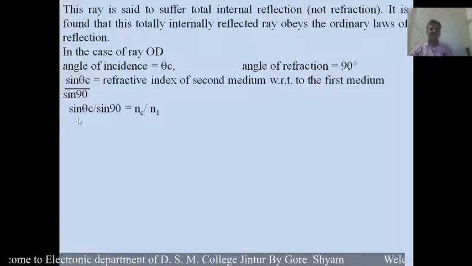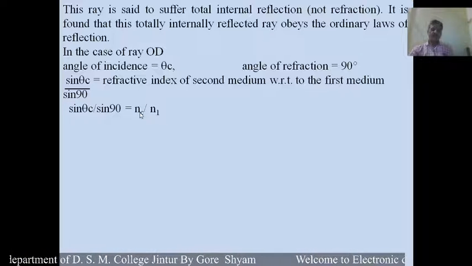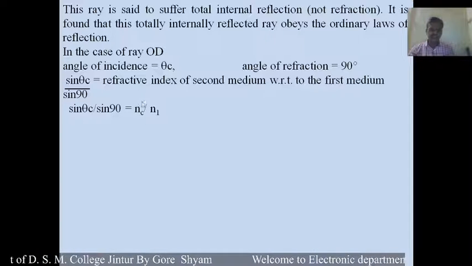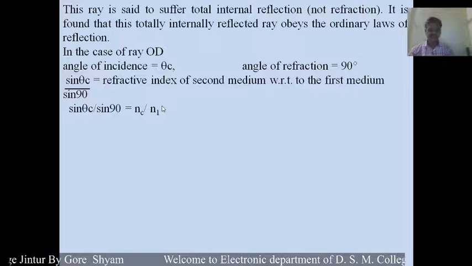Therefore, sine theta c over sine 90 is equal to n2 divided by n1, the refractive index of the second medium divided by the refractive index of the first medium.